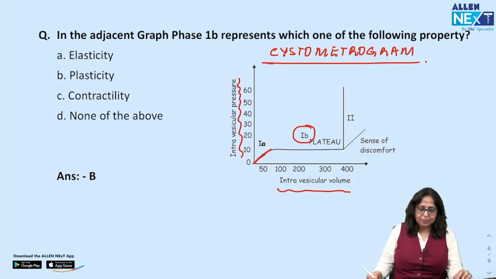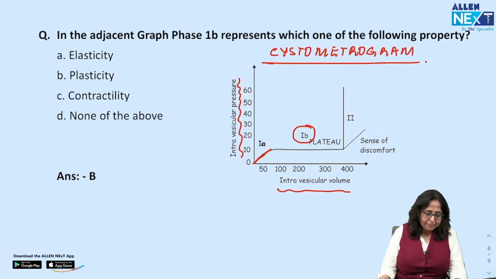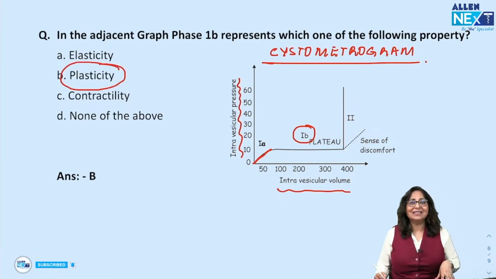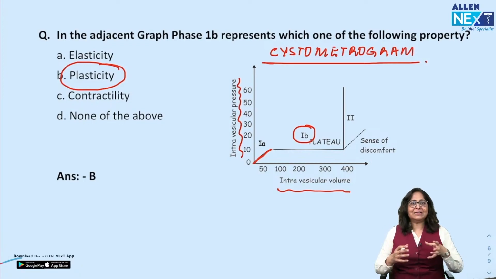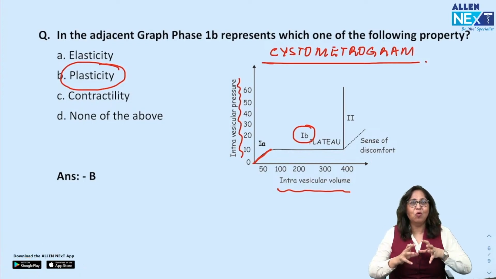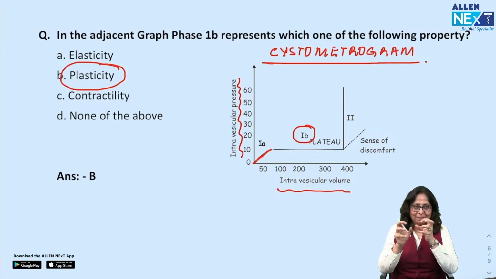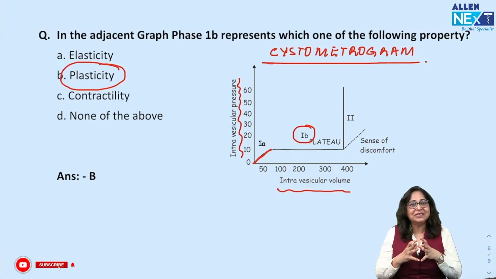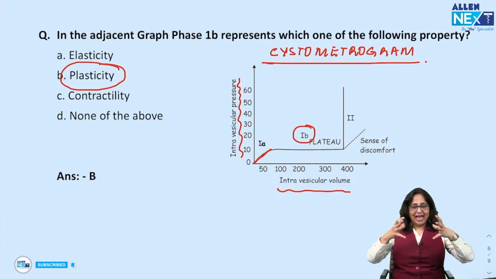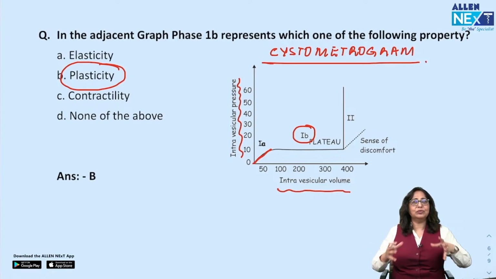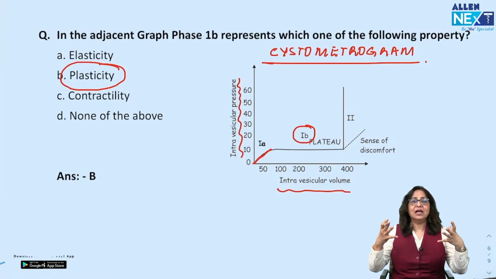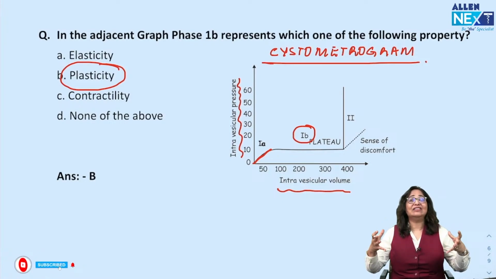Now, which is the property of the smooth muscle which is reflected in phase 1b? This is plasticity. Smooth muscle is a plastic structure, a moldable structure. You know, it's something like plasticine. As the urinary bladder is getting filled up with urine, the smooth muscle of the urinary bladder, the detrusor, tends to relax.